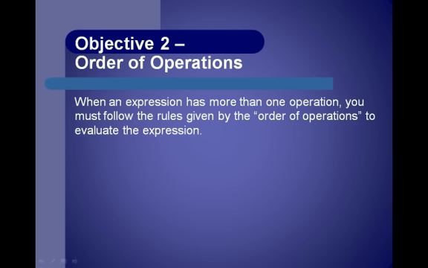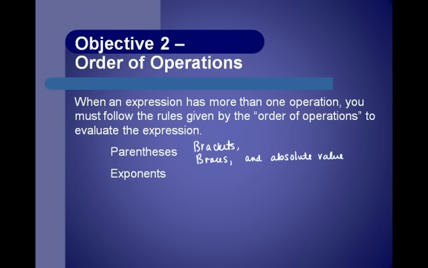Objective 2, order of operations. When an expression has more than one operation, you must follow the rules given by the order of operations to evaluate the expression. First step is parentheses, which also includes brackets, braces, and absolute value. Second, you do exponents.